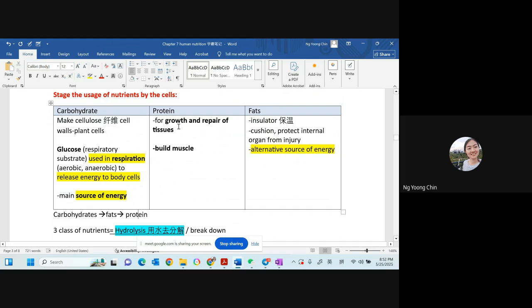So now your body will use the proteins as the source of energy. So your body will start to digest the muscle tissue in order to get the energy. So this will be a very severe situation.